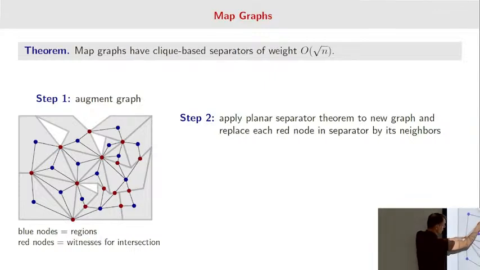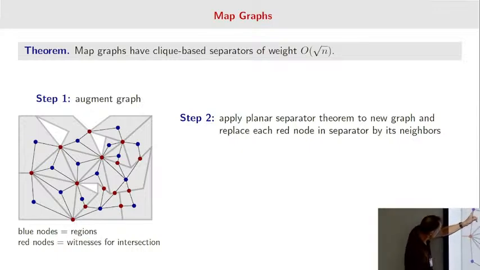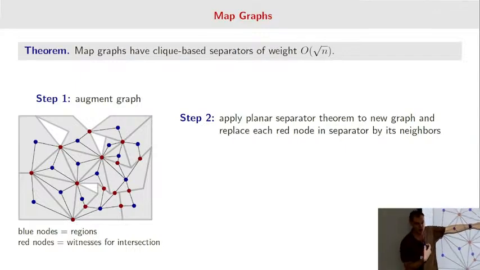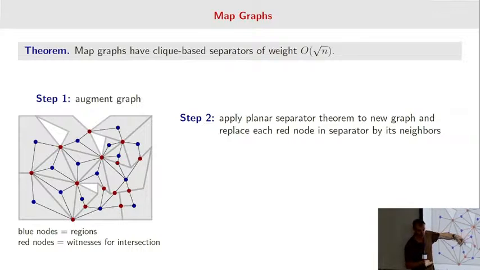Actually, they have an edge on the boundary, and there's a red node here that is a witness because it's on the shared boundary between them. Here I have 2 witnesses for this one, also on this side. And this red node has many things around it, so I get a big clique, but there's a single thing that is a witness for this whole clique. That's the point that is shared by all of them.